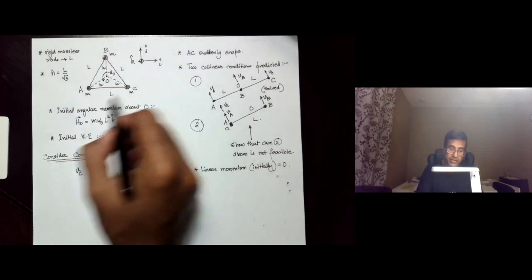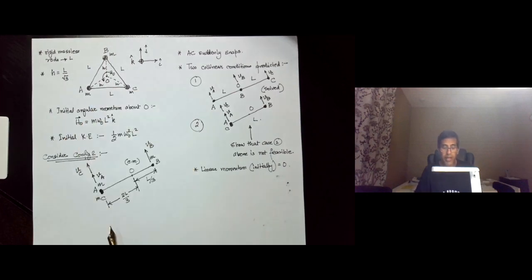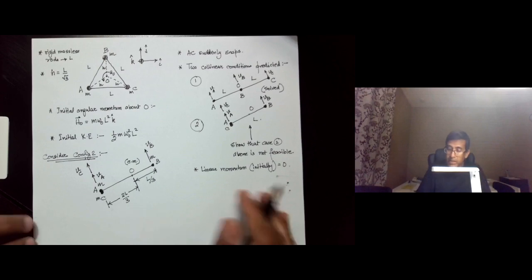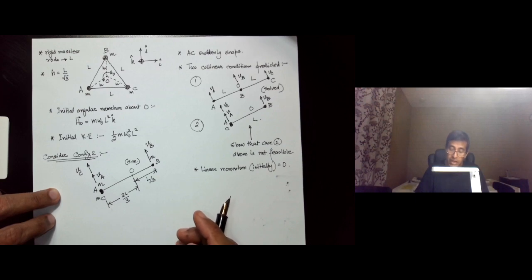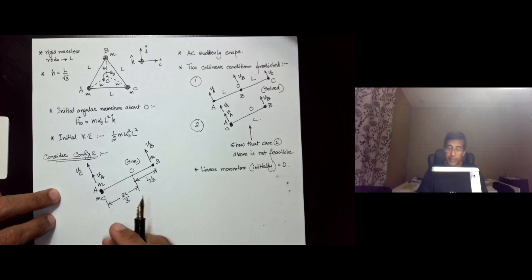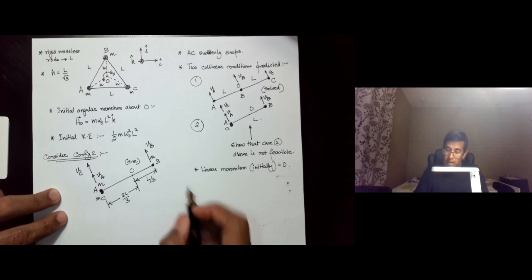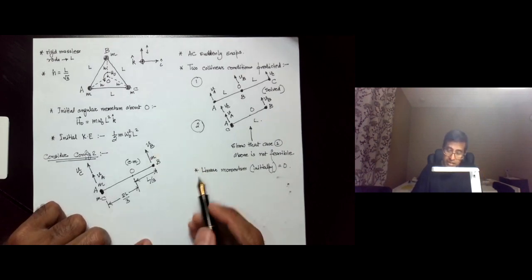If you take the velocities which are going to be perpendicular to these radii from O to A, B and C, then you will see that the linear momentum is initially 0, which means that the linear momentum at any other instant will also be 0, and hence we are saying that there cannot be any velocities along the rod. However, there can be velocities perpendicular to the rod, and for linear momentum conservation, all we have to make sure is the sum of these velocities equal to 0.